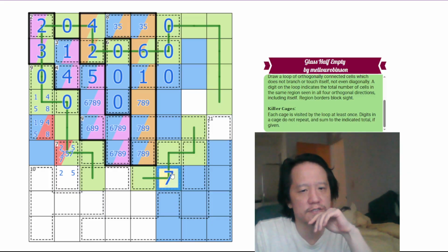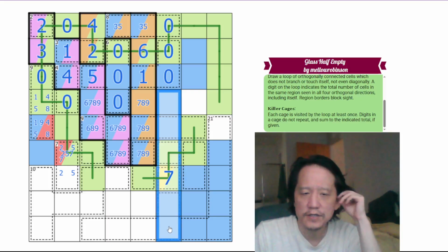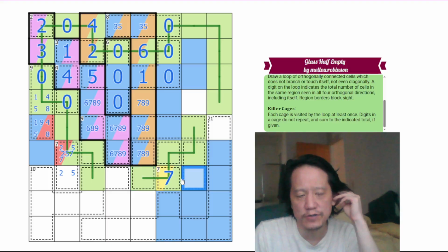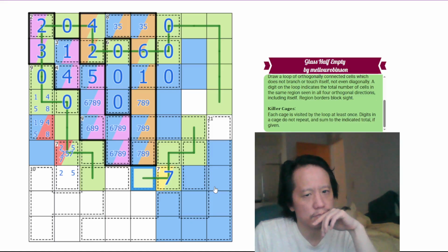So this sees 7. It could see 4 here, 5, 6. So it's guaranteed 1 going one of these ways.